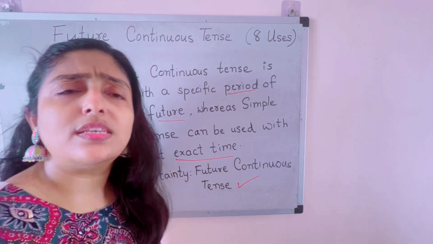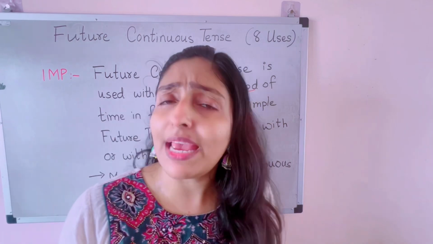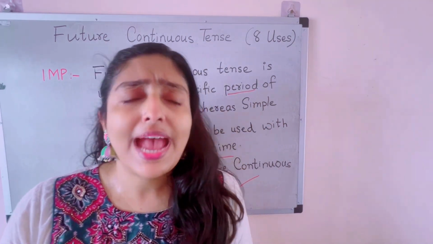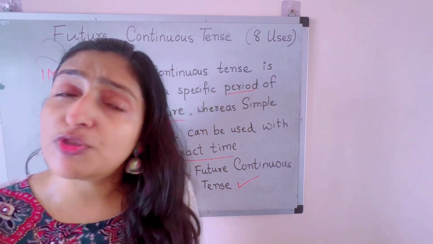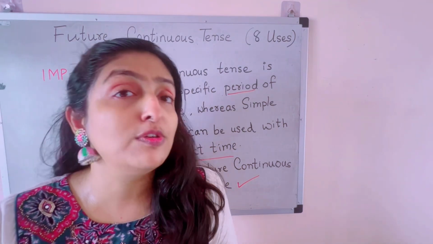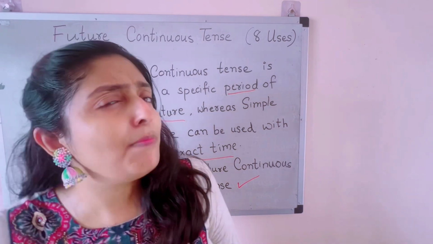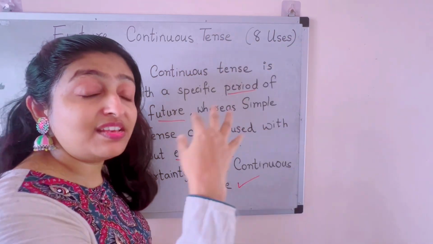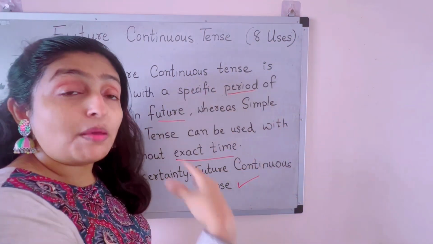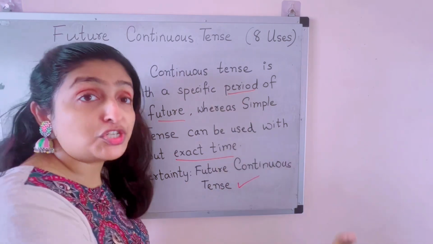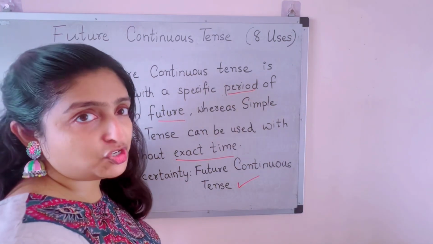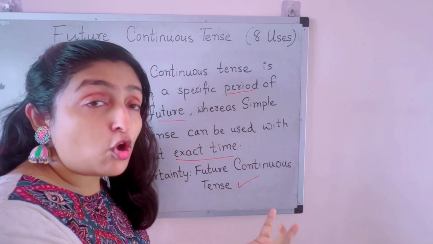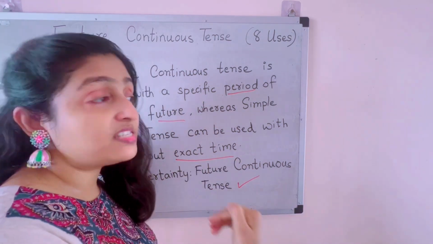Okay, so there is a slight confusion among people in analyzing the minute difference at times between future continuous tense and simple future tense, and so that's why I'm making it very clear that future continuous tense is associated with the passage of time, the duration of time, the ongoing action of time, whereas simple future tense cannot let us know the exact time.